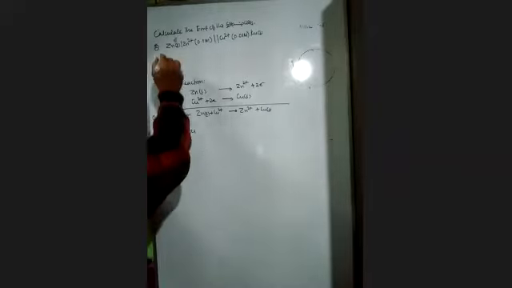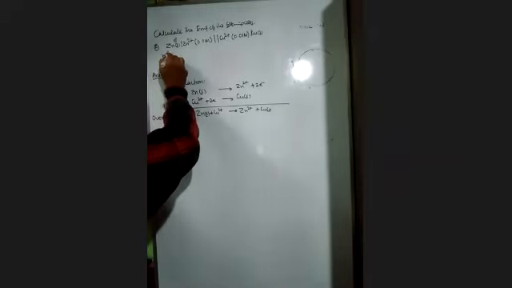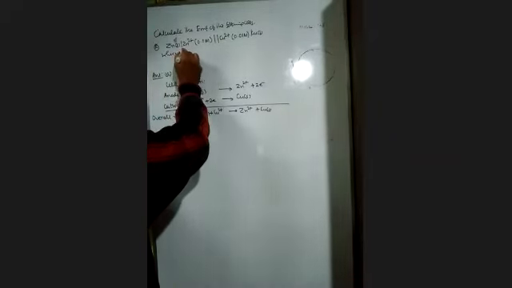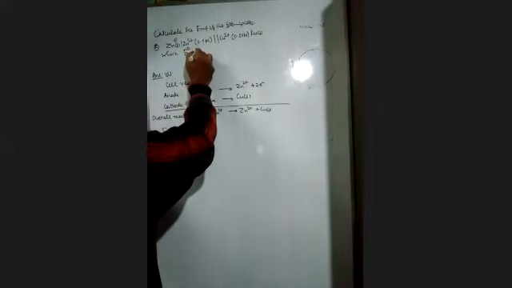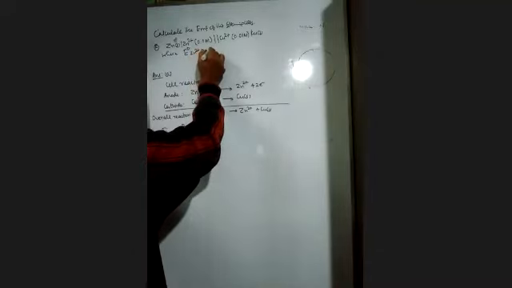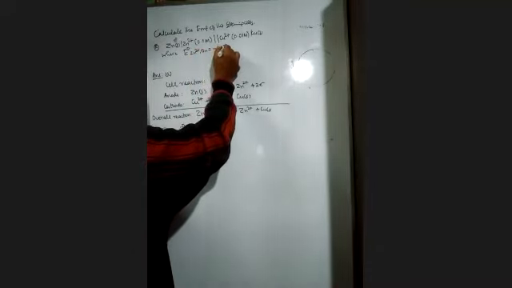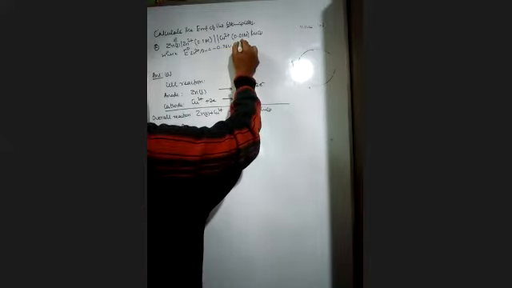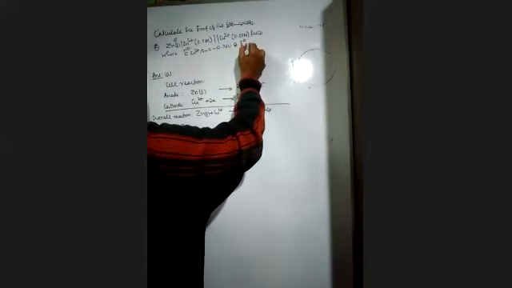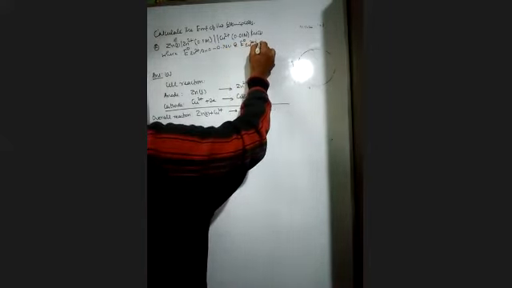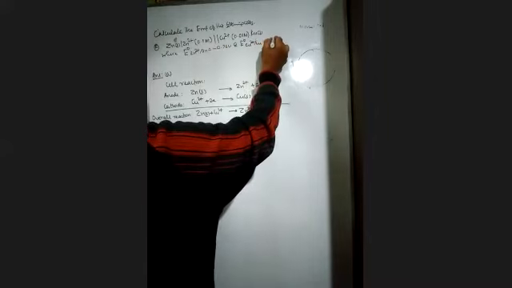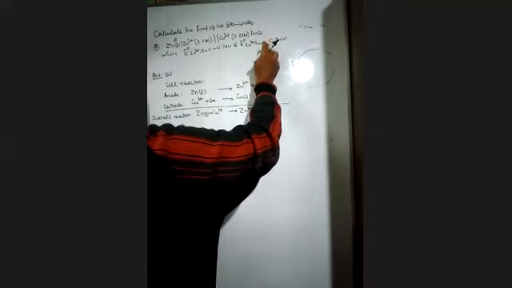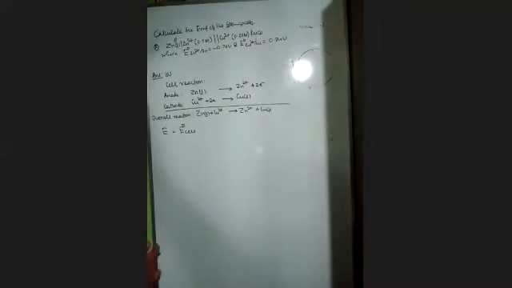We have to write here, where E0 Zn2+/Zn is equal to minus 0.76 volt and E0 Cu2+/Cu is equal to 0.34 volt. See, minus is not the business, it is plus.